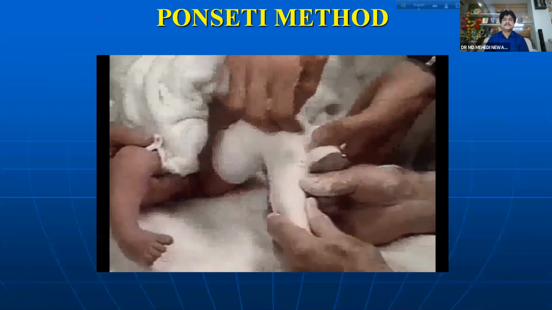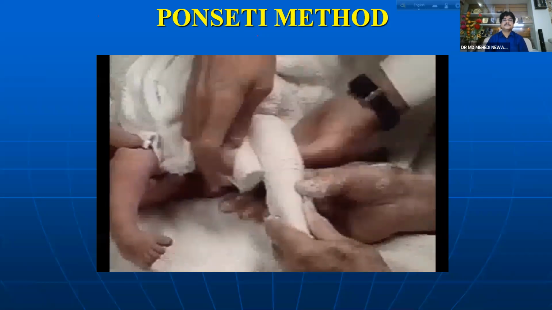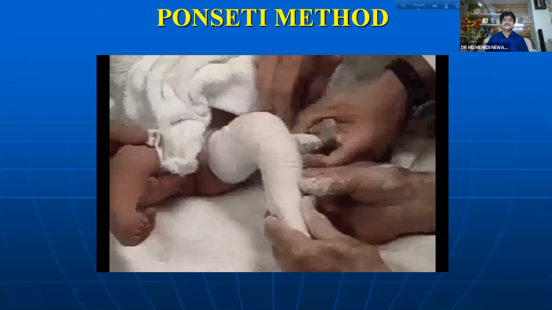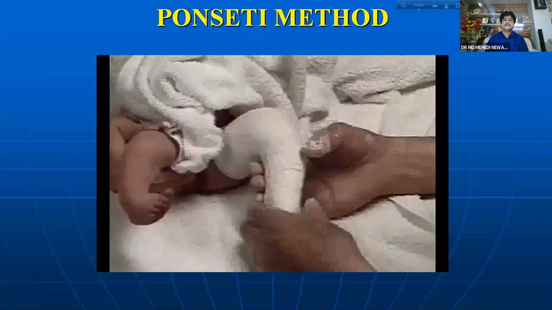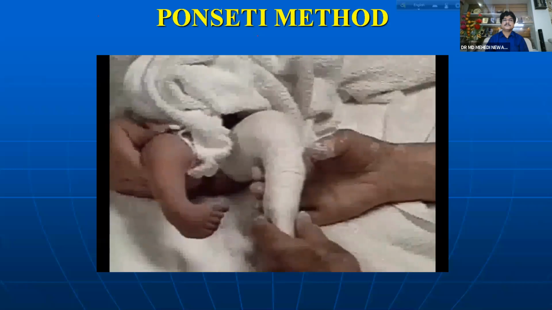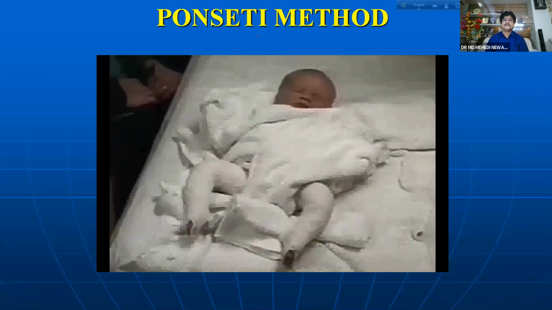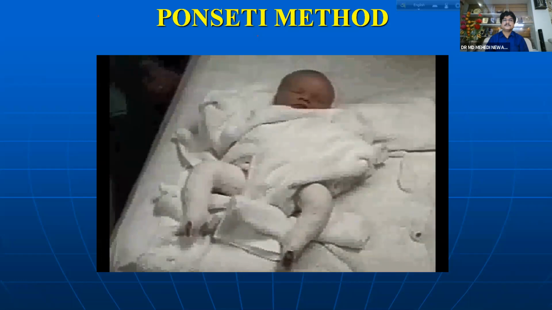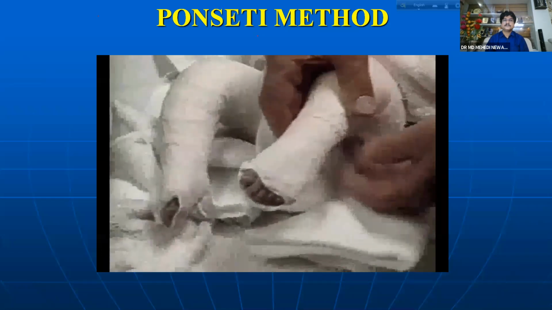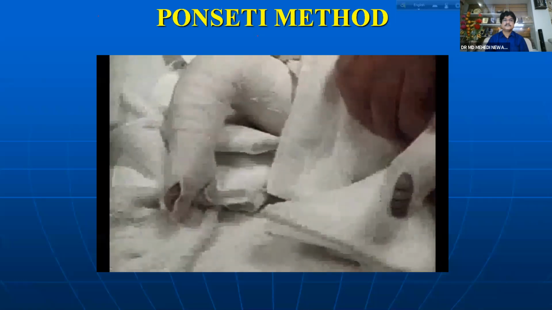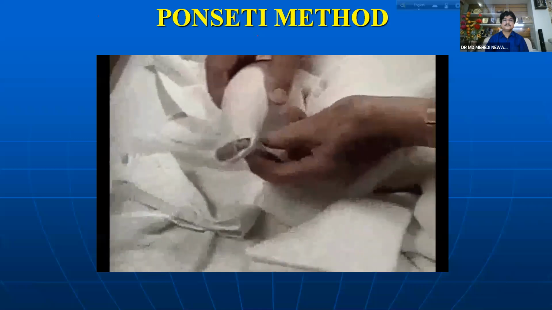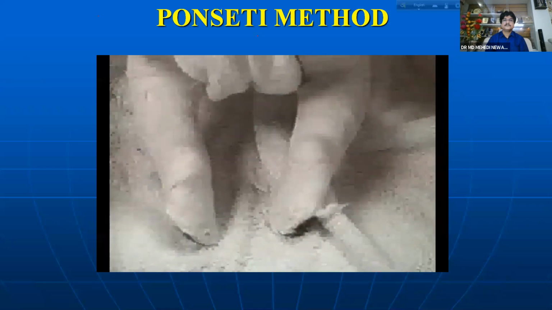The plaster cast is extended to the thigh. The completed second plaster cast maintains the feet in equinus, in supination, and in minimal adduction. The plaster over the toes is trimmed off. The heel varus is improved. Casts are removed.